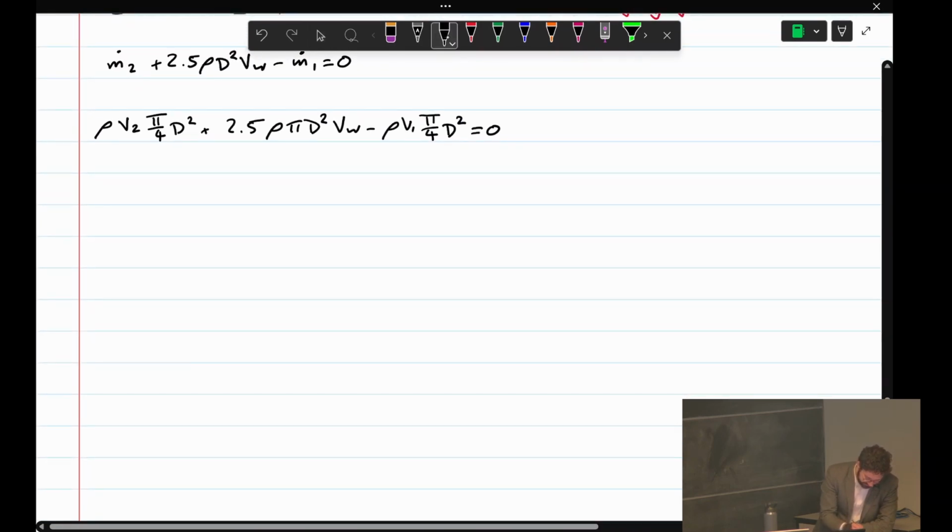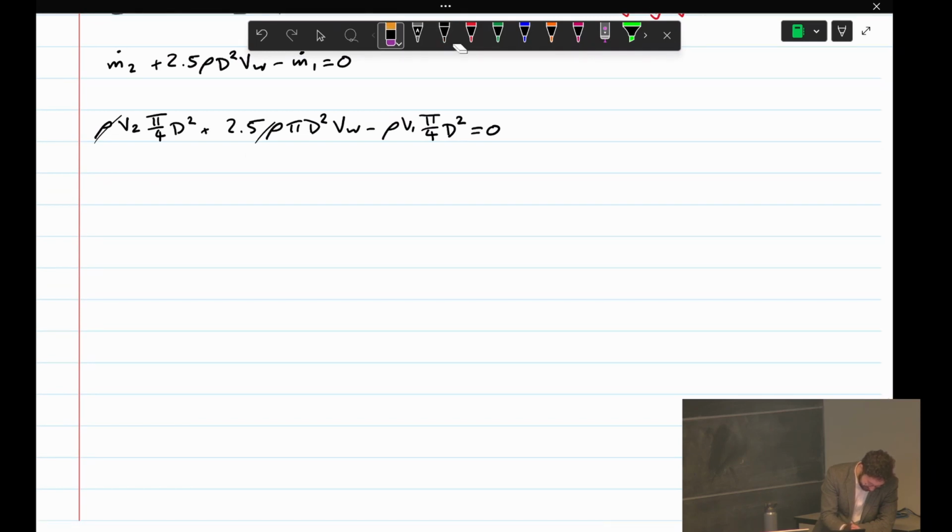We'll notice that a lot of this stuff is going to cancel. So our rhos will cancel, pis are going to cancel, diameters will cancel. So we're going to get V2 is V1 minus 10 VW.